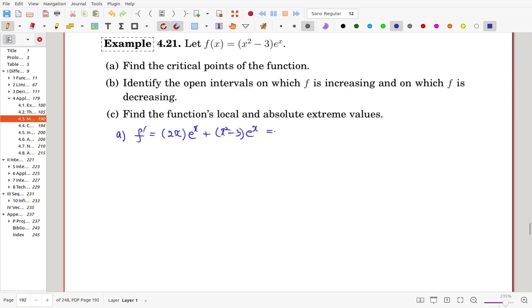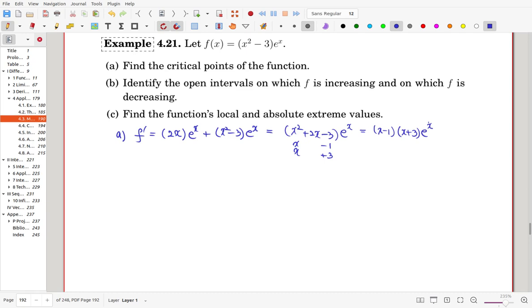So that is the same as x squared plus 2x minus 3 and e to the x. We can factor this one, with 1 and 3 separation, plus 3 minus 1. So that now is x minus 1 and x plus 3 and e to the x.